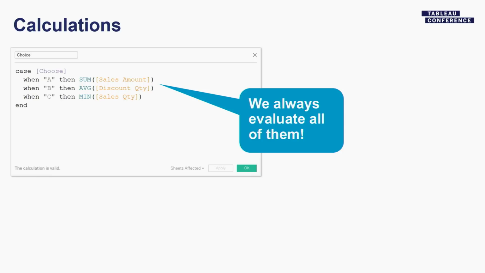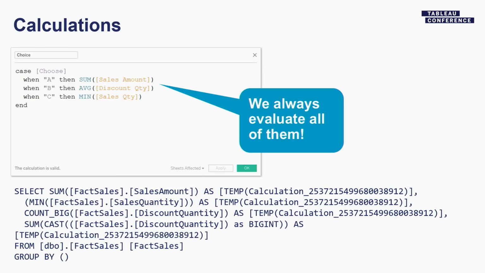So this simple equation here, when A, B, or C, it sends this query back to the database. And notice that we've only asked for the sum of sales amount and the average of discount quantity and the minimum of sales quantity, but in fact, we're returning 4 expressions. The sum of sales amount, the min of sales quantity, but we're also getting the count and the sum of discount quantity.